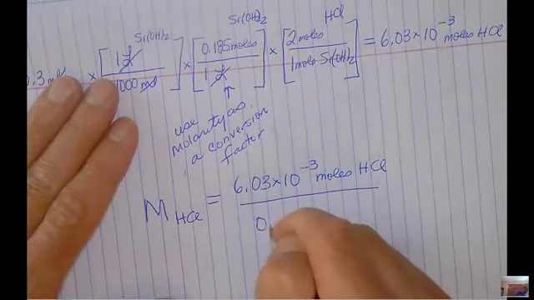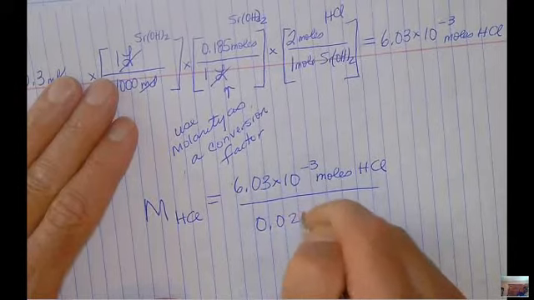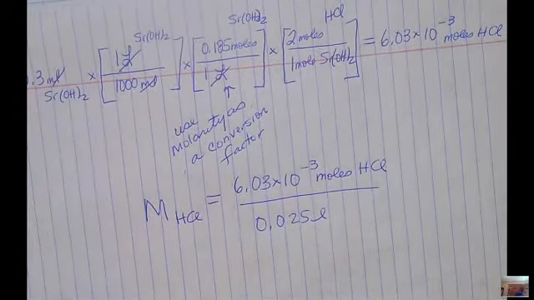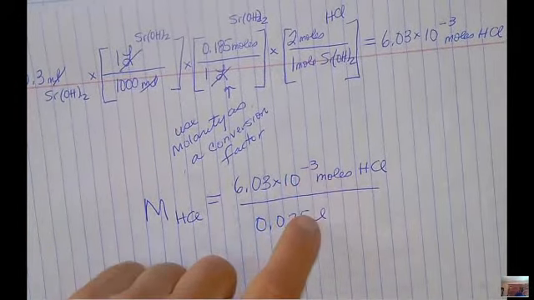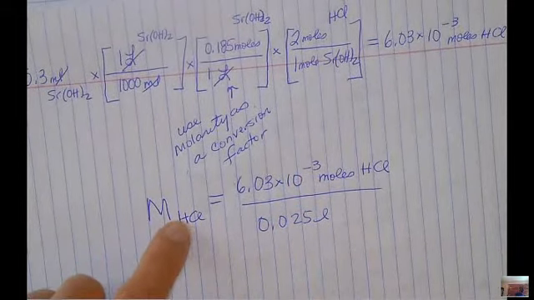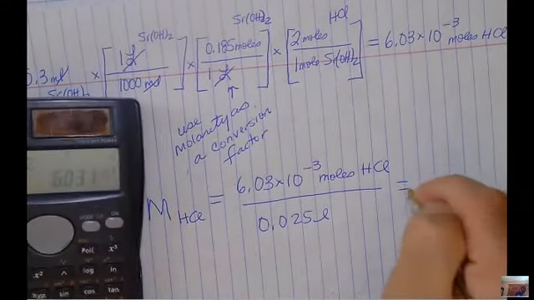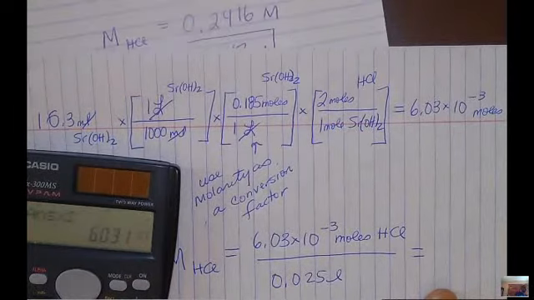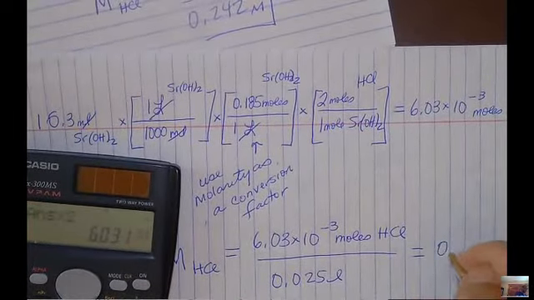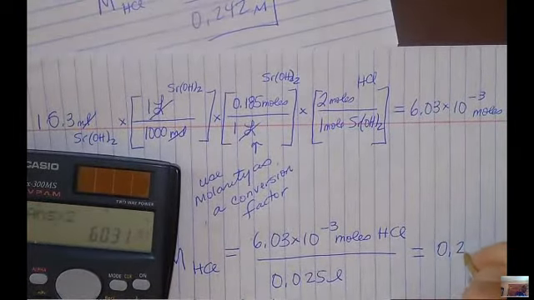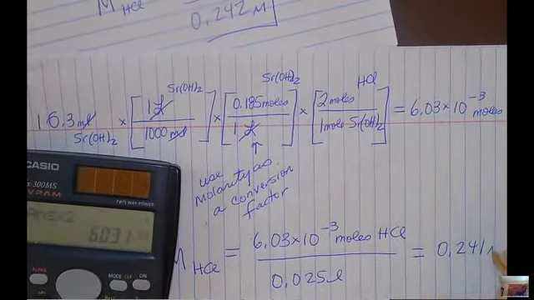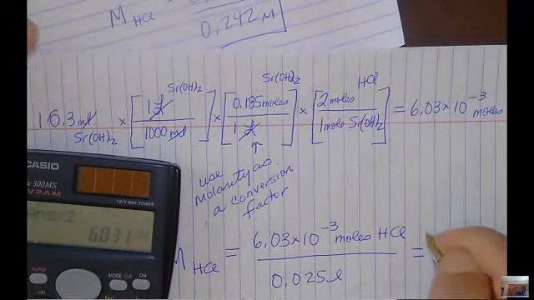Gotta have liters. You can't put milliliters in here, but they actually did give it to you in liters. This will give you moles per liter, which is molarity. We did that before, so we know what the answer is going to be. I'm going to get 0.241 molar HCl, and that's the answer.